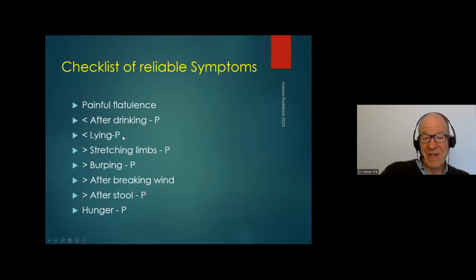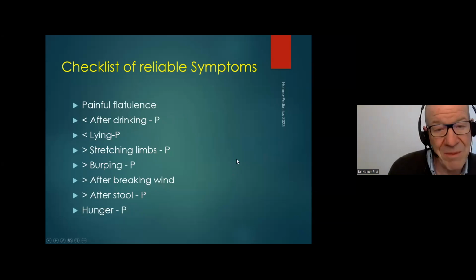It is worse when lying, better when stretching limbs, better when burping, better after breaking wind, and she is very hungry. So you see very few symptoms. P marks a polar symptom. So we have 1, 2, 3, 4, 5, 6 polar symptoms. That is not really much, but it may be enough to determine the remedy.